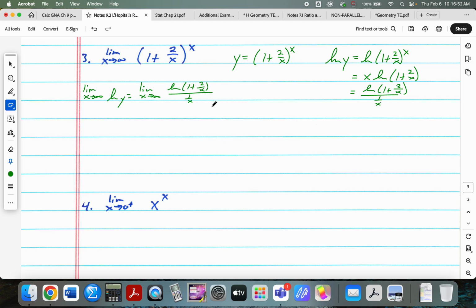Here, both numerator and denominator are going to go to 0. The limit as x goes to infinity of the natural log of 1 plus 2 over x is 0, and the limit as x goes to infinity of 1 over x is 0.